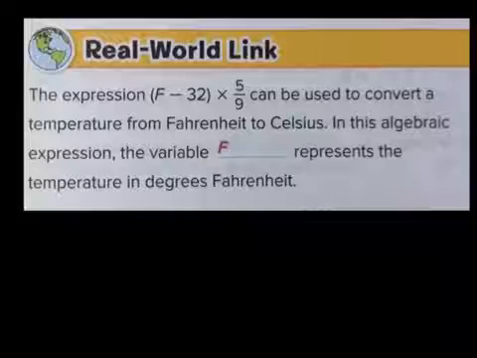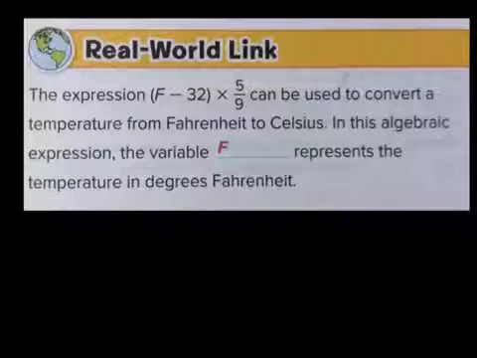A real world link. The expression (F minus 32) times 5/9 can be used to convert a temperature from Fahrenheit, okay, we put the Fahrenheit there, to Celsius. Fahrenheit is used in the United States and Celsius is used in Venezuela or Canada. In this algebraic expression, the variable F represents the temperature in degrees Fahrenheit.